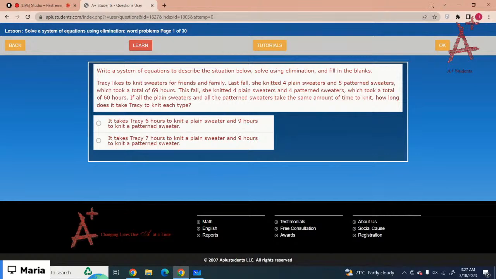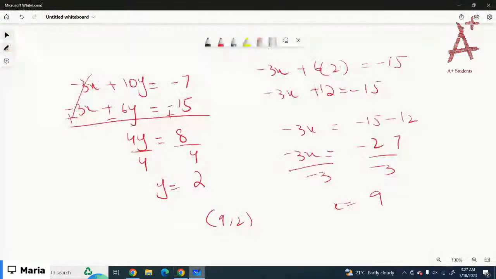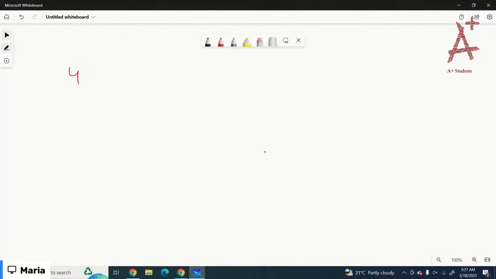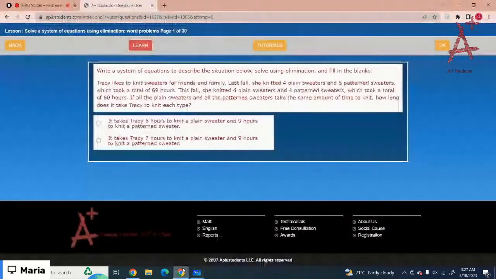So 4 plain sweaters and 5 patterned. So it is 4x plus 5y equals 69. And the second equation is, this fall, 4x plus 4y equals 60.